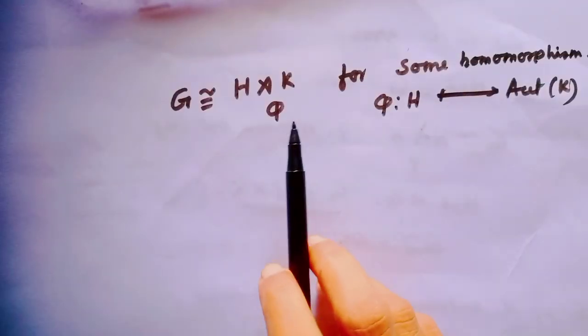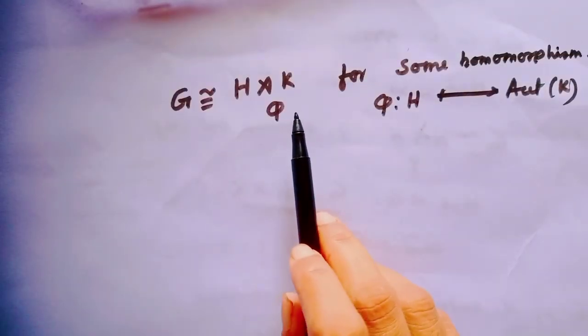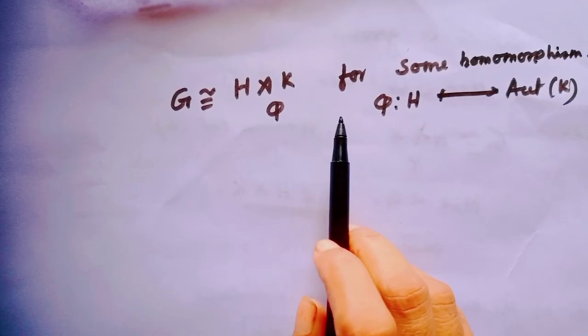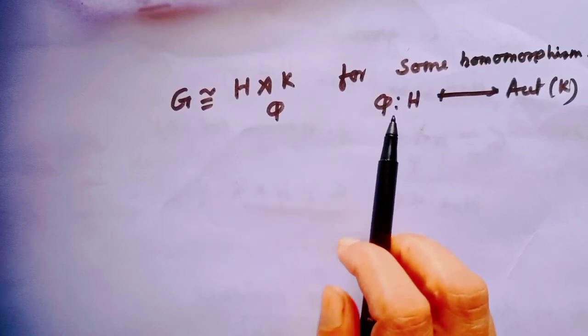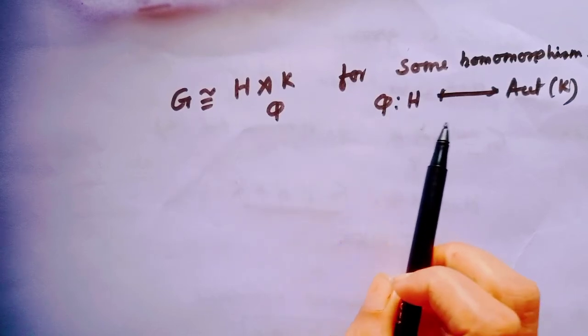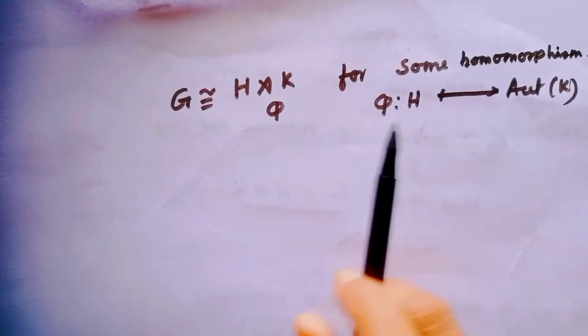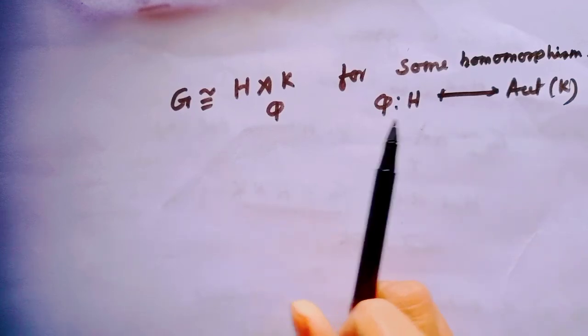Then G is isomorphic to H semi-direct product K with some homomorphism phi, where phi is a homomorphism from capital H to the automorphism group of K. Now my question: how does the automorphism group look?